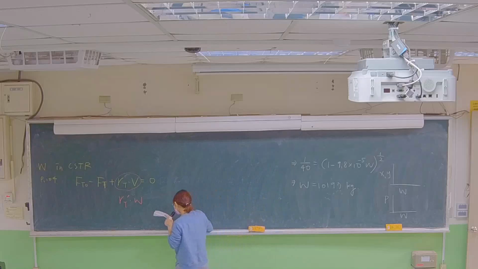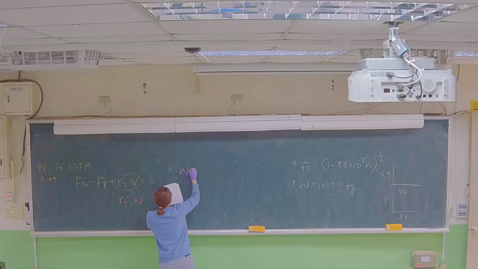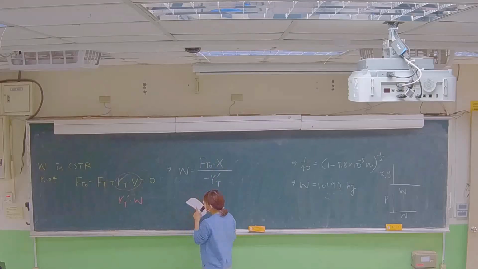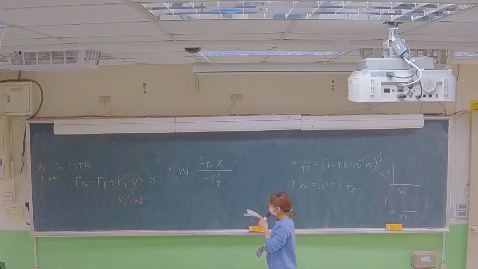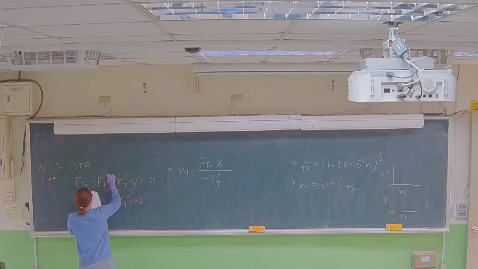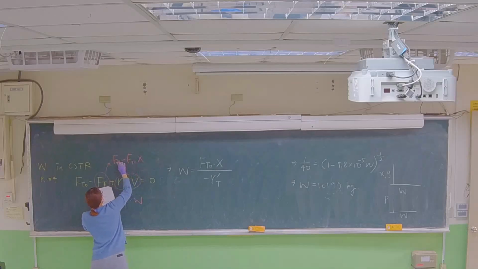So you can rearrange and obtain this one. For CSTR, heterogeneous reaction, FT is FT0 minus FT0 X. I have told you before, so we got this.